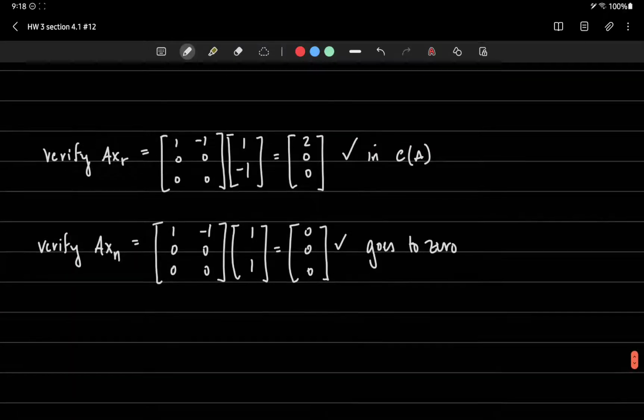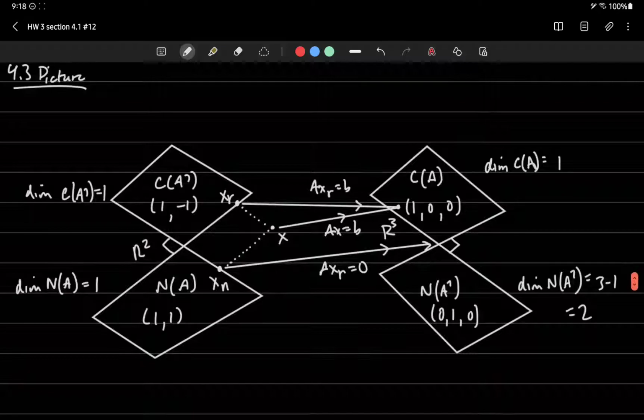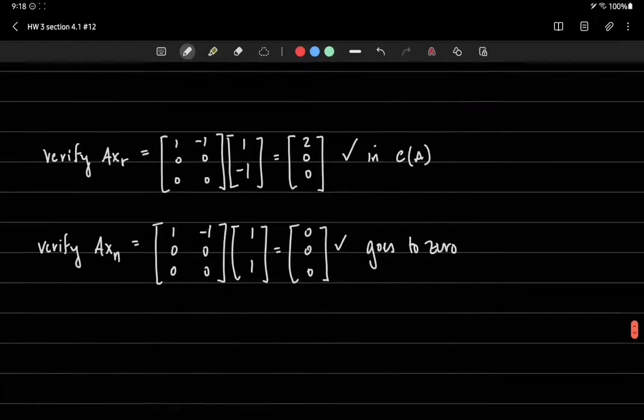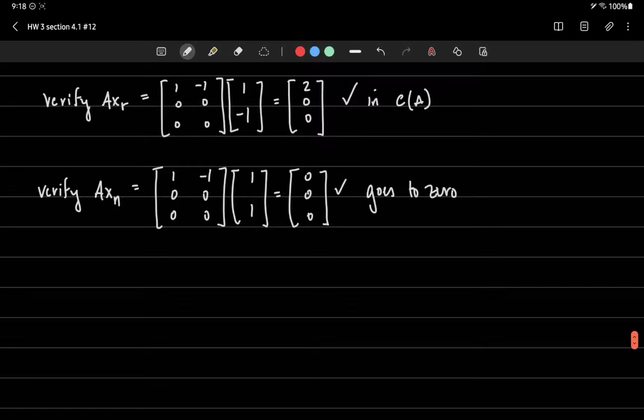And AXN, if you multiply that out, you should get zeros in all component spots. So that is also correct, which proves this picture, the 4.3 picture. And that would conclude this problem. So thank you guys for doing this with me, and I'll see you in the next one.